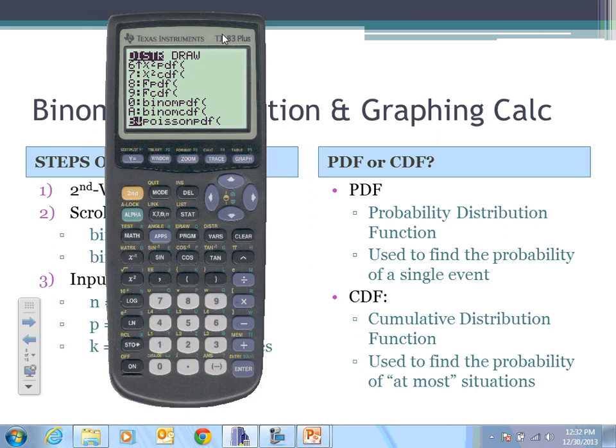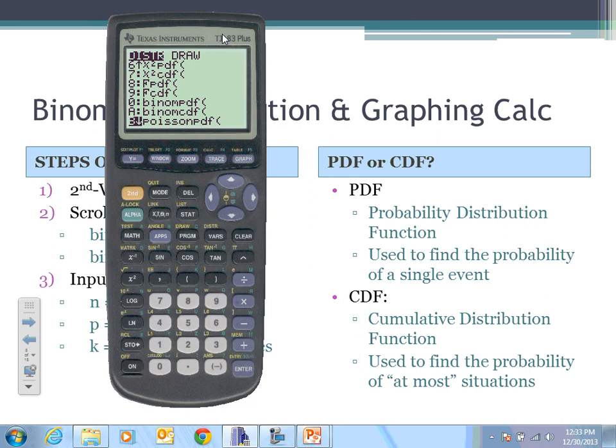So it's taking all of those situations together and cumulating them. That's why we call it the cumulative distribution function. If you choose the CDF on your graphing calculator, when you plug in that K value, it's also going to find the probability of all the whole numbers down to 0 and then add those all together. So it saves us a lot of work.